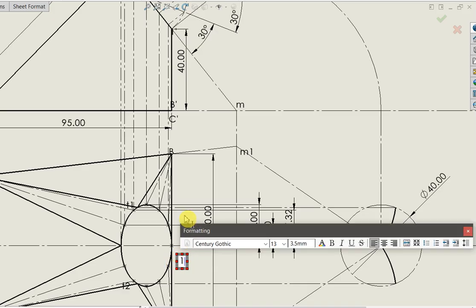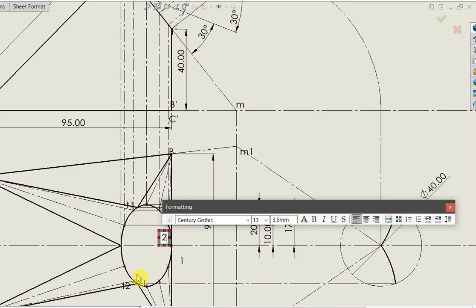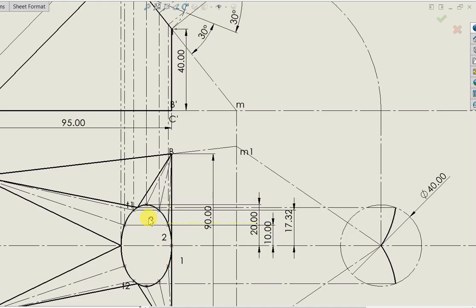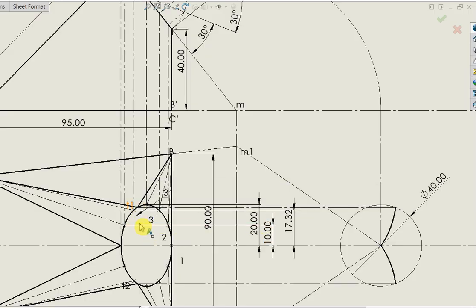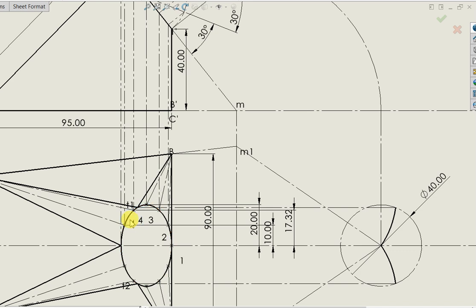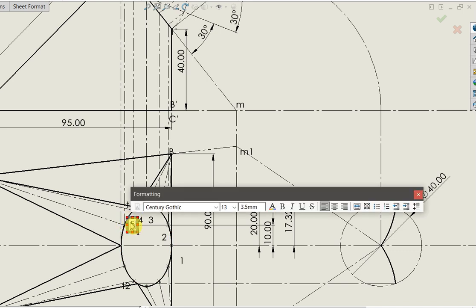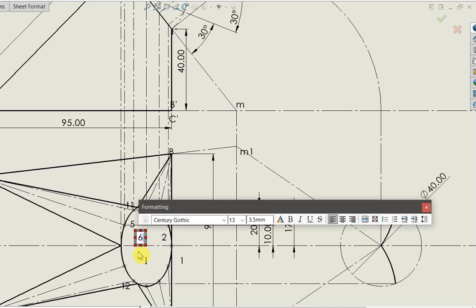This one should be point 2. Three, 4, 5, 6, and 7.